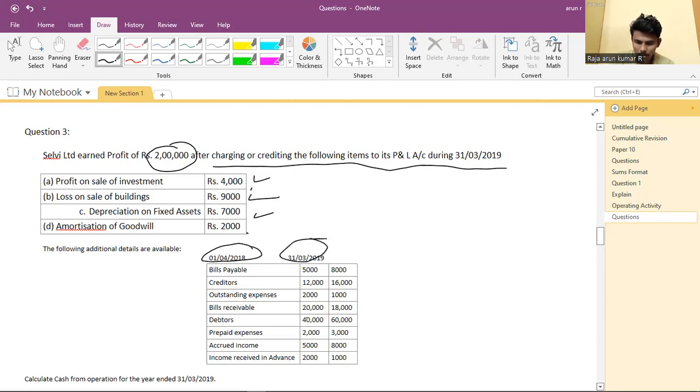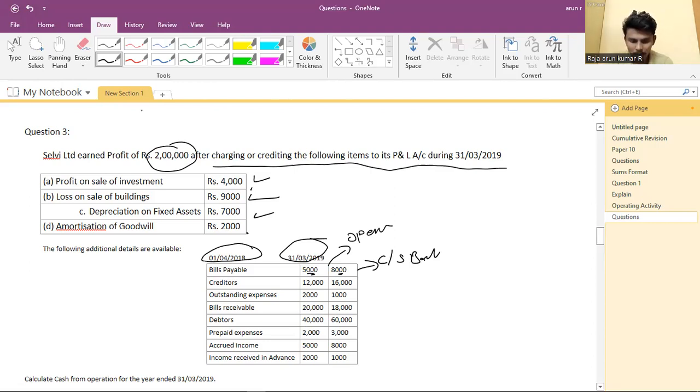This is the opening capital. The first box is the opening capital. Then this is the opening balance, and this is the closing balance. 5,000 is the opening balance, 8,000 is the closing balance. Like that, accordingly given. That alignment is an editing mistake. Sorry for that.